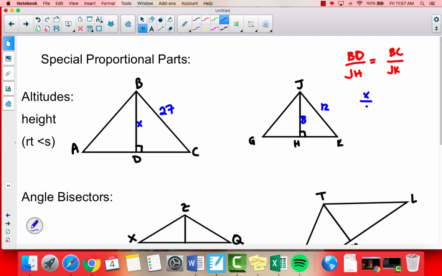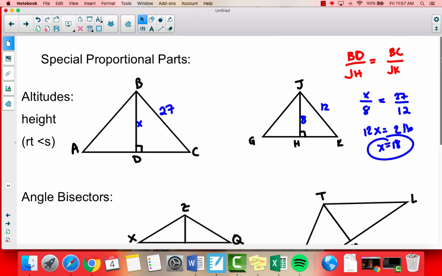So x over 8 equals 27 over 12. Now, you could set this up a little bit differently and get the same answer, and that's going to be the same concept. This is just one of the options. If I cross multiply, we get 12x equals 216, and then divide by 12, you get that x is equal to 18. So that would be the height of this particular altitude.